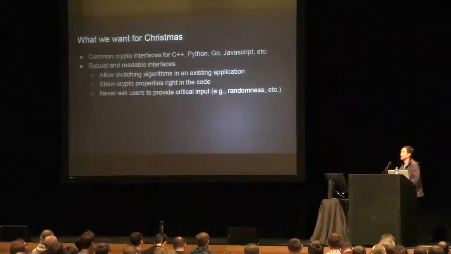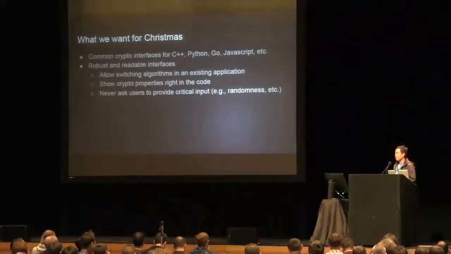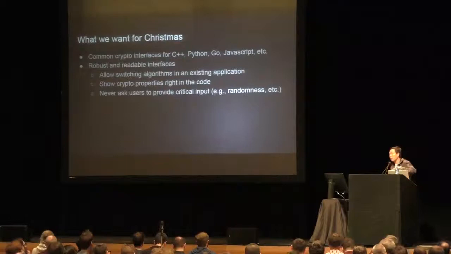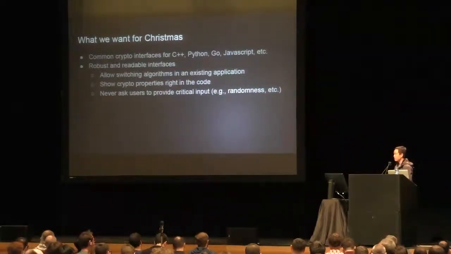We also find that most of the libraries out there don't actually allow users to switch algorithms easily. If you switch the algorithm, you have to start from scratch, and ciphertext encrypted with the old algorithm won't be compatible with the new software.